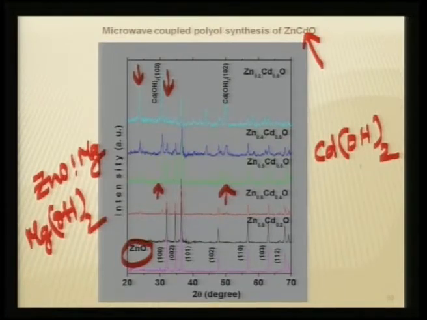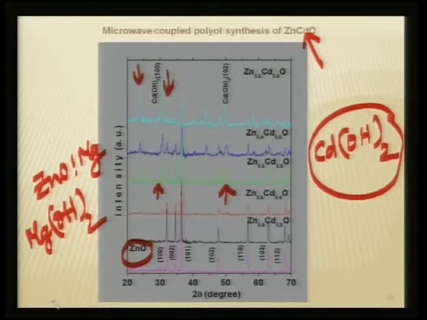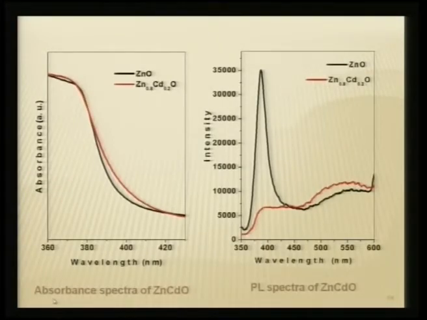So, here again the issue of hydroxide seems to be a limiting factor, but if you look at the UV visible spectra, this is your zinc oxide, and the cadmium doped one slightly shows a change, but this is as expected because cadmium is a low band gap semiconductor. Therefore, when you try to alloy this compound, you should see a red shifted band edge, and that seems to be happening. Nevertheless, this is not more pronounced because even with 20% you are not able to push it significantly.